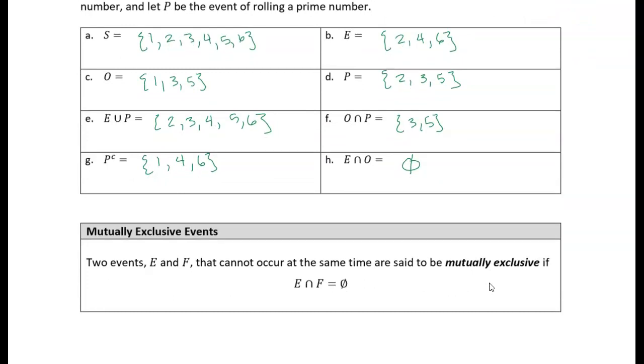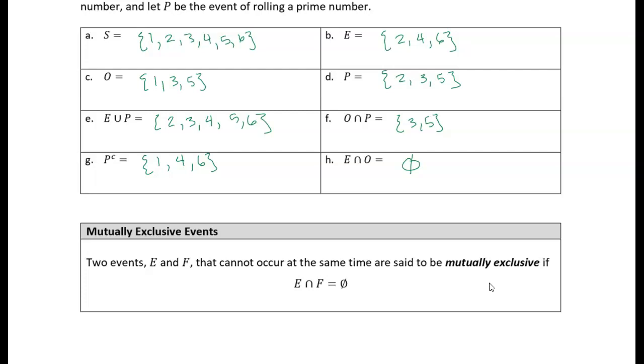Mutually exclusive events. Two events, E and F, that cannot occur at the same time are said to be mutually exclusive if their intersection is the empty set. So in our example 2, the even set and the odd set are mutually exclusive.